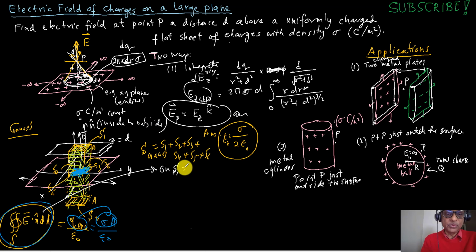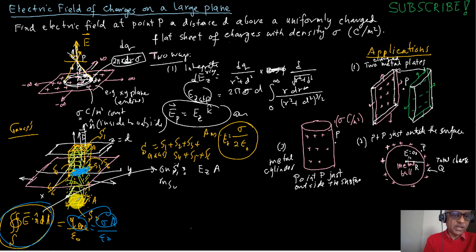So on S1, E dot n hat is along the z direction, so we're just getting EZ times A.